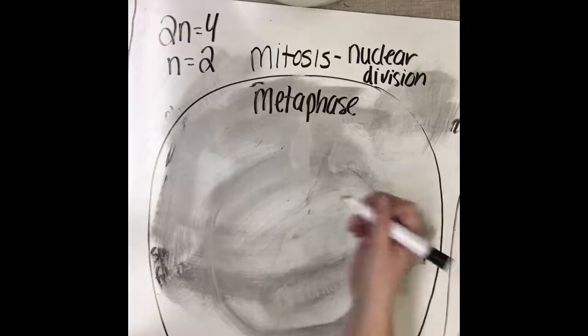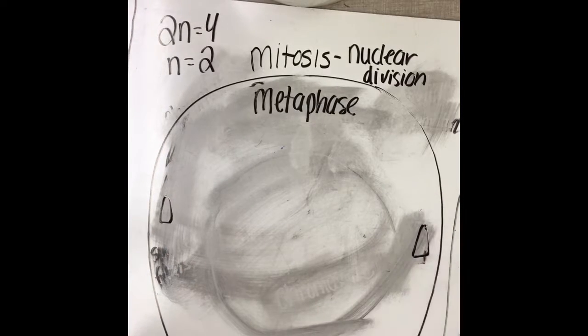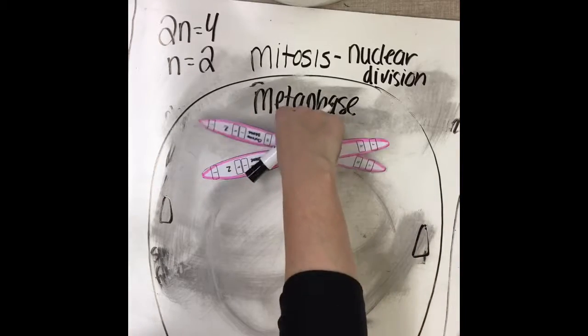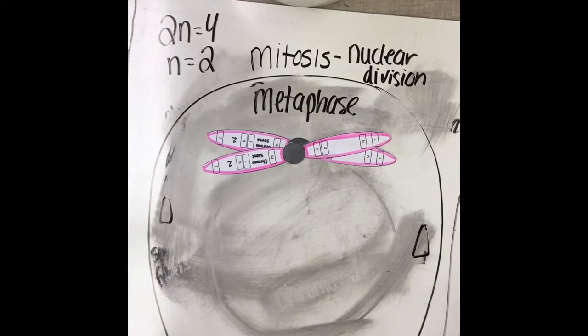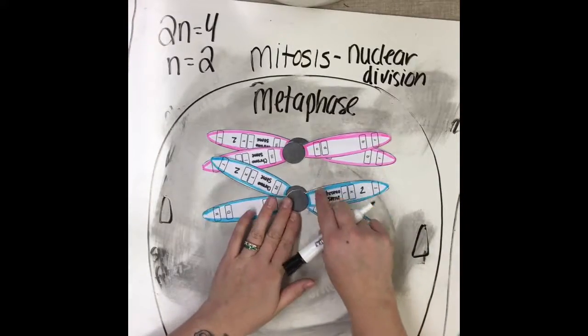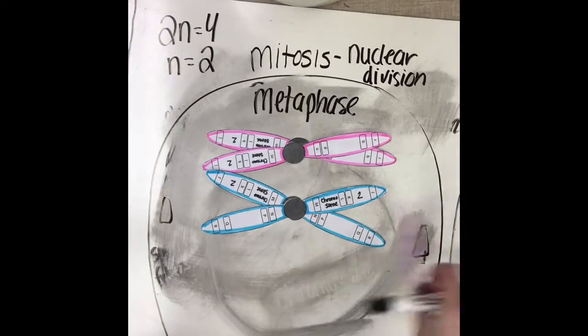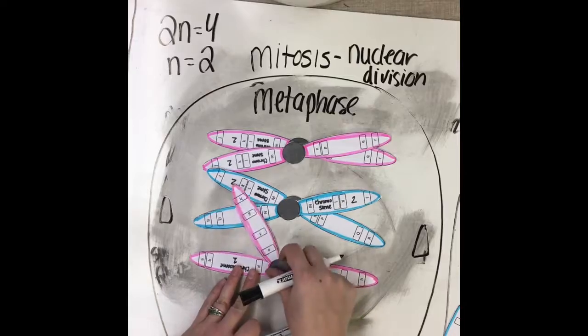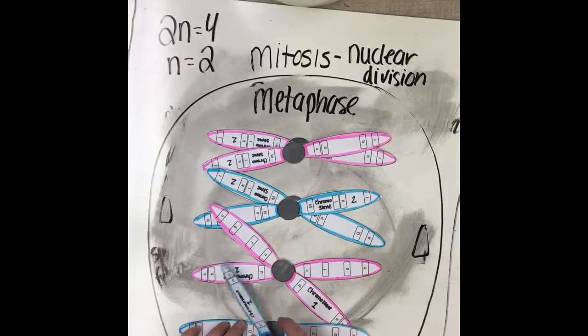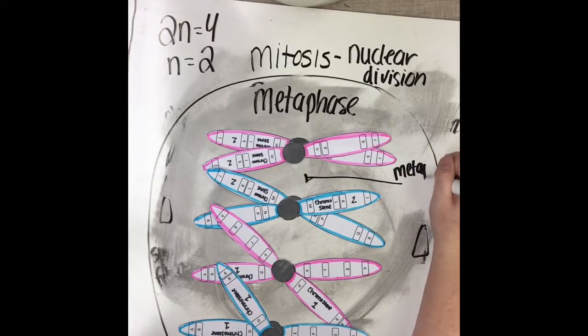In metaphase, our nuclear envelope is completely gone. We still have our centrioles. Now our chromosomes that we have made are going to start to line up in the center of the cell. This center of the cell is called the metaphase plate.